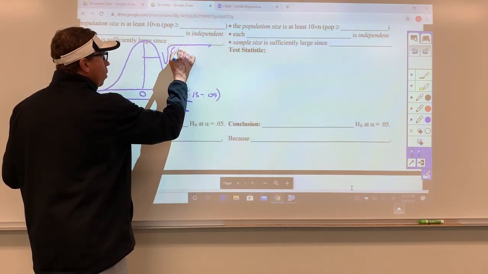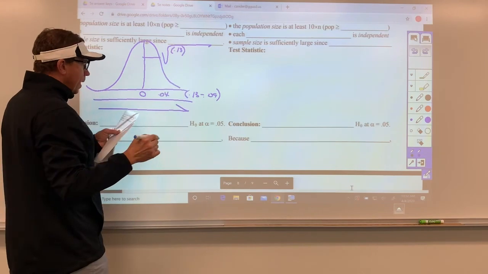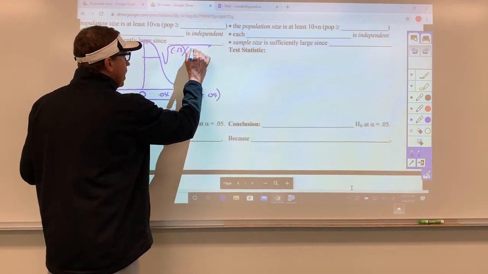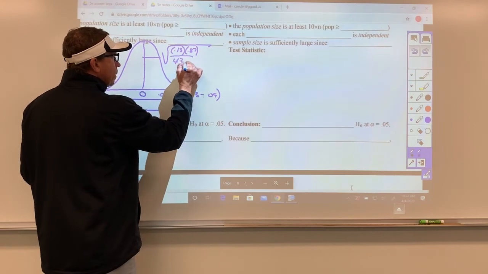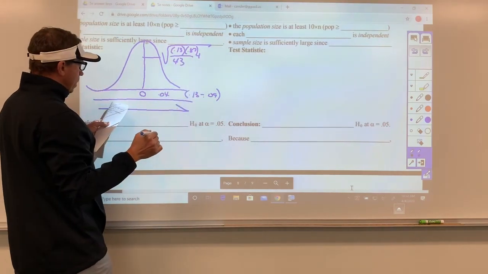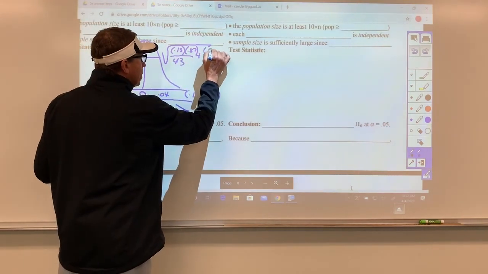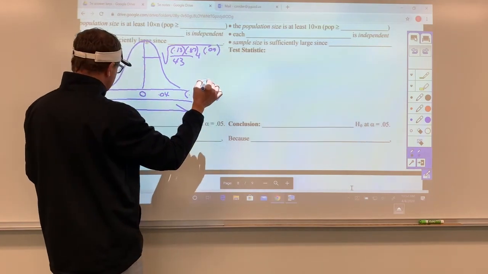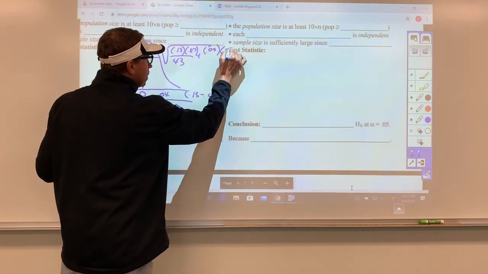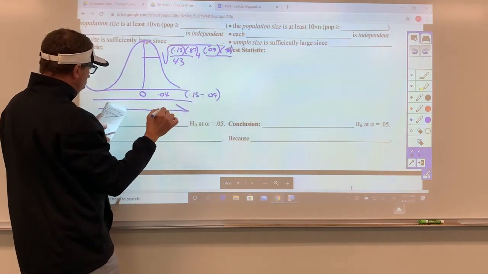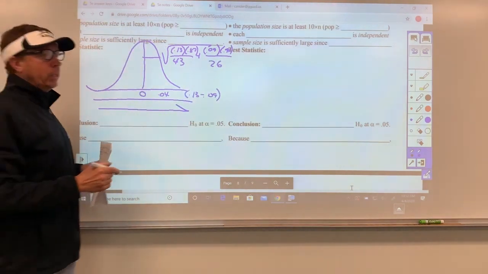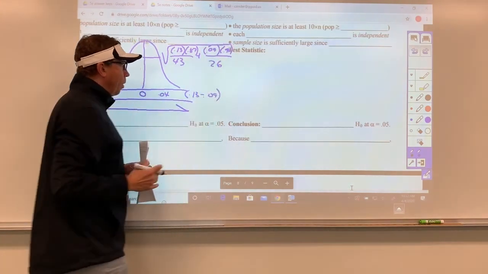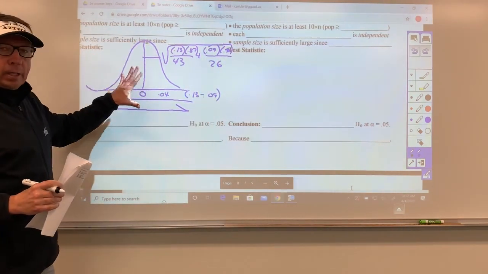That is 0.13 times 0.87 over 43 plus 0.09 times 0.91 over 26. I wouldn't calculate that. I would just write it and leave it on your paper and then let the calculator finish it off.